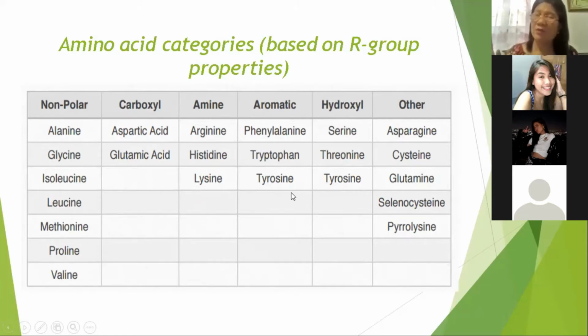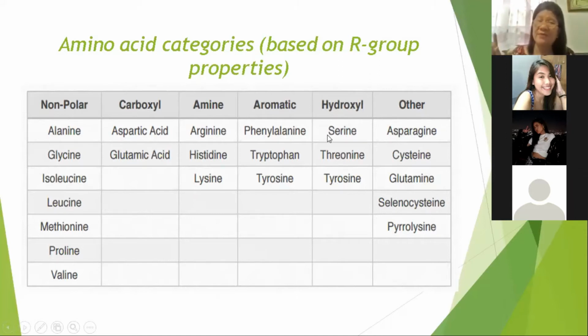Aromatic, meaning there is a ring. So the phenylalanine, meaning what is the side chain? The side chain, the side group, has a phenyl, a benzene ring. Then the tryptophan and the tyrosine. Hydroxyl, meaning there is what? An alcohol, that OH group.